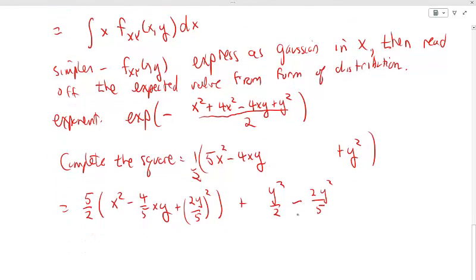So altogether, I get 5 halves, and then this is going to be x minus 2y over 5 squared. And then I have plus, and then I have to convert this to tenths, right? That's 5/10 minus 4/10, so that's y squared over 2.